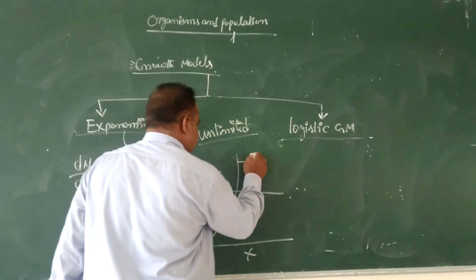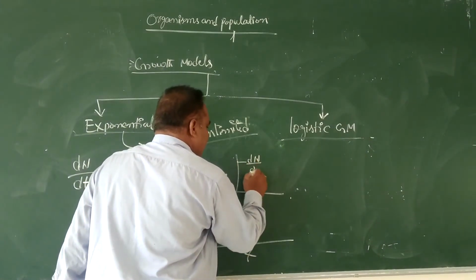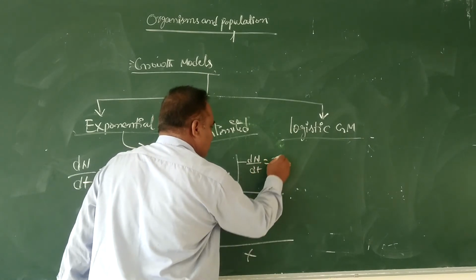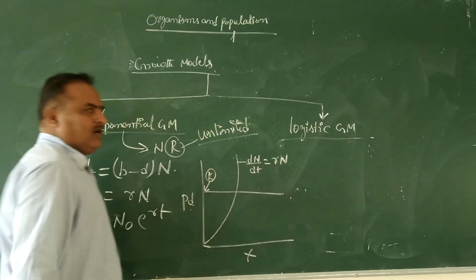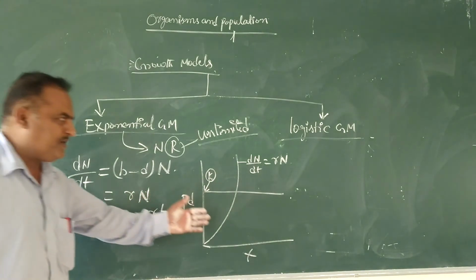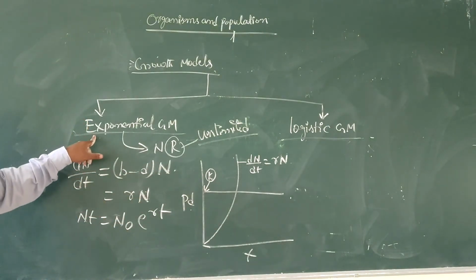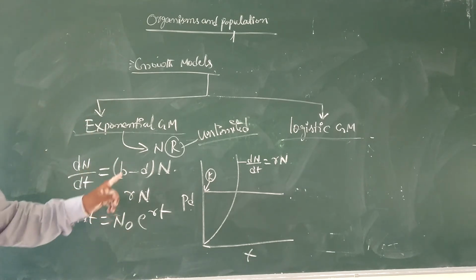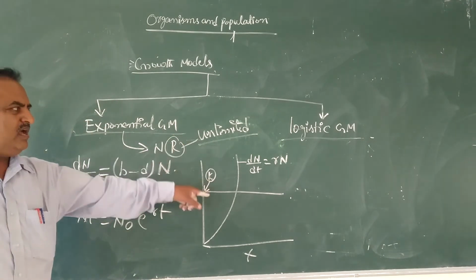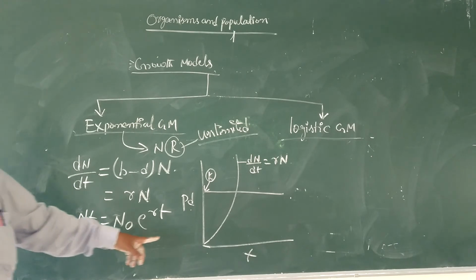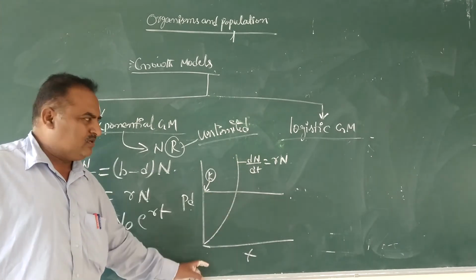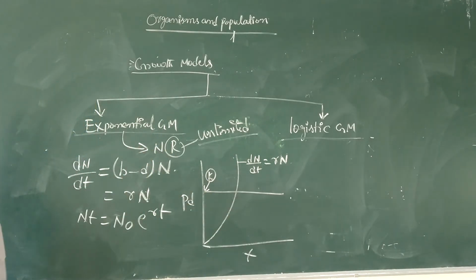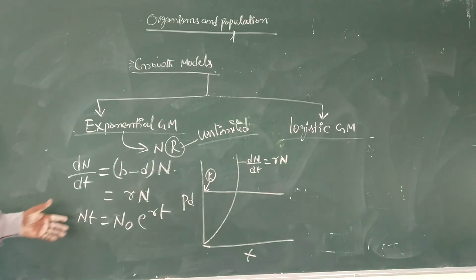Here dN/dt equals rN. The J-shaped curve is obtained in the exponential growth model because the natural resources are unlimited. It is about that exponential growth model.